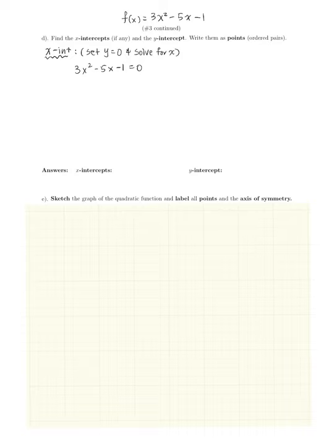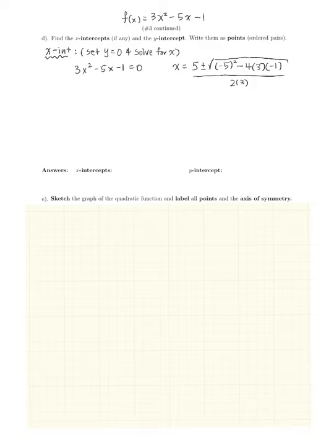I don't think we can factor this, so I'm going to use the quadratic formula. So x is going to be minus b, so positive 5, plus or minus the square root of b squared minus 4 times a times c, whole thing divided by 2 times a.